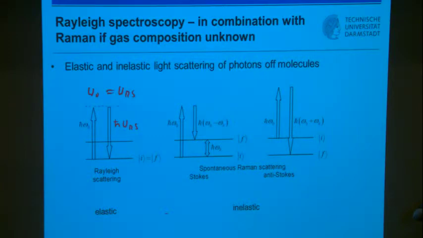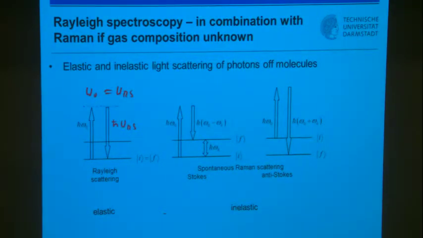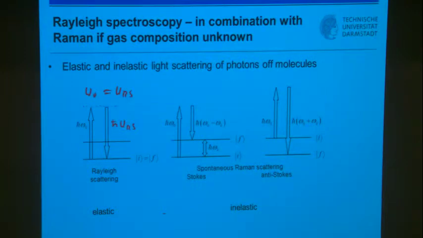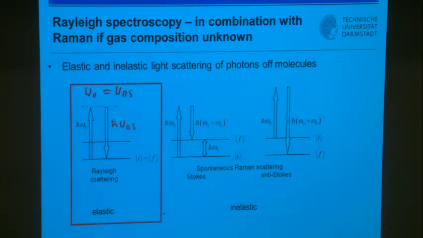This is a Hertzian dipole, and the oscillating Hertzian dipole is emitting radiation with its oscillation frequency. And that is actually what is happening over here. So what we can do is look at a simple setup. So you would need a laser.